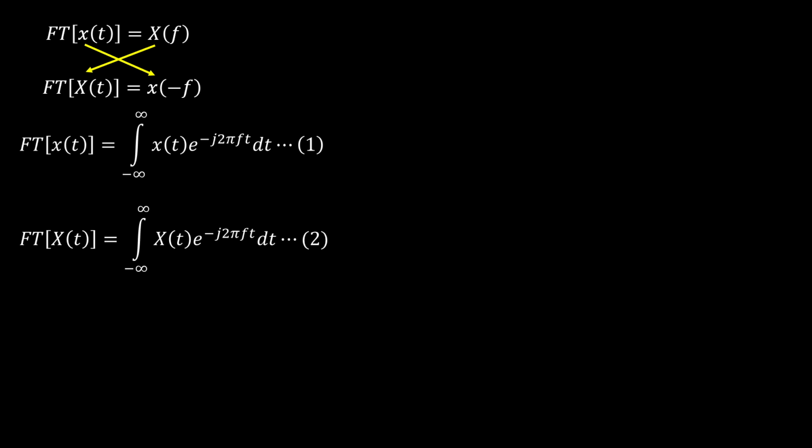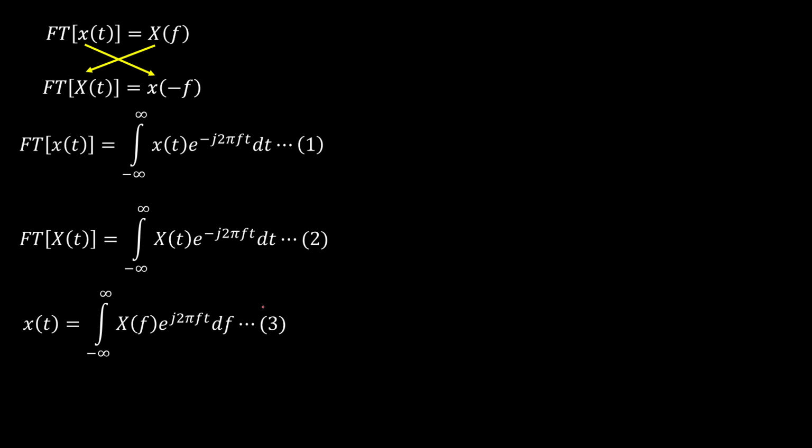So, the Fourier transform of capital X of t will be the integration of capital X of t e raised to the power minus j 2 pi f t with respect to t, from minus infinity to plus infinity. And the inverse Fourier transform of capital X of f is small x of t, and the expression for this x of t is the integration of capital X of f into e raised to the power plus j 2 pi f t with respect to f, where f is changing from minus infinity to plus infinity.